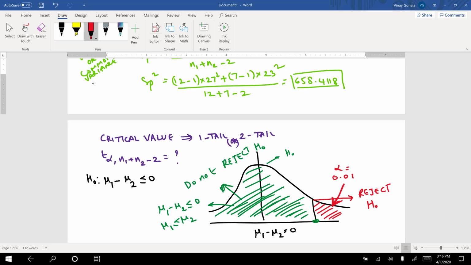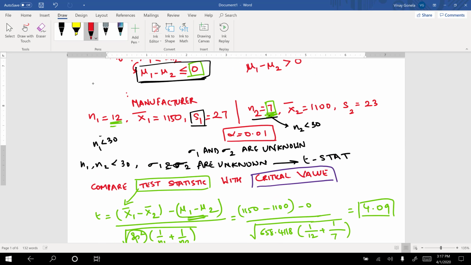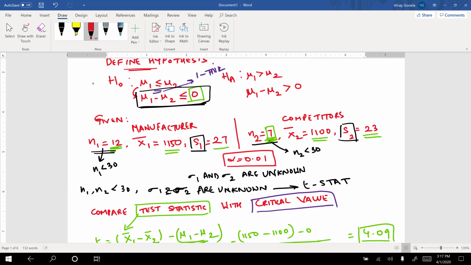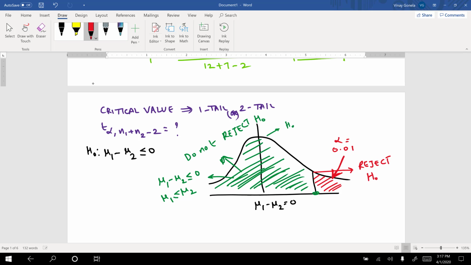When we say reject H null, that means our alternative would be true, which is mu1 minus mu2 greater than 0.